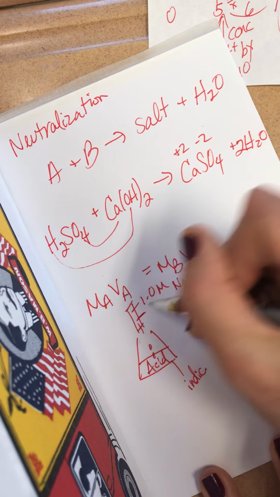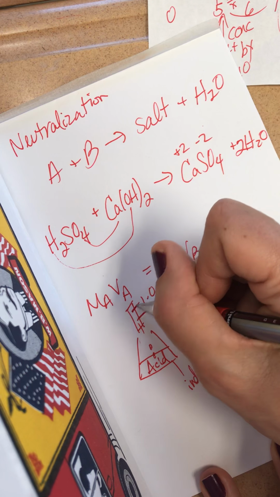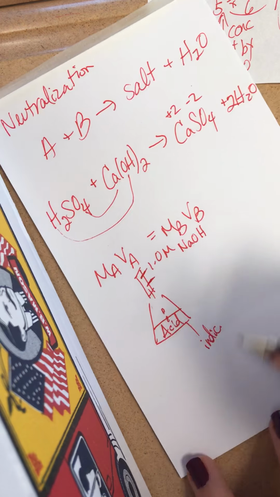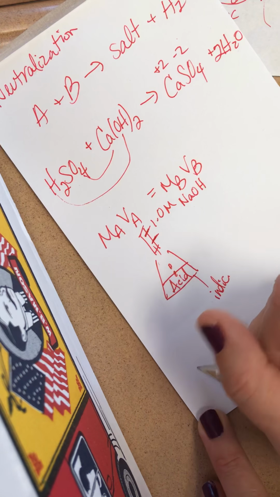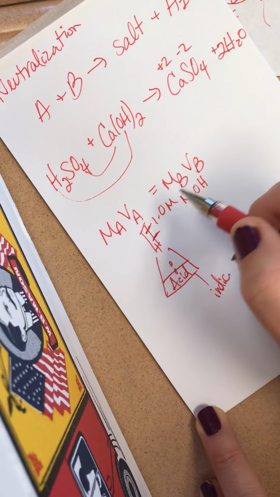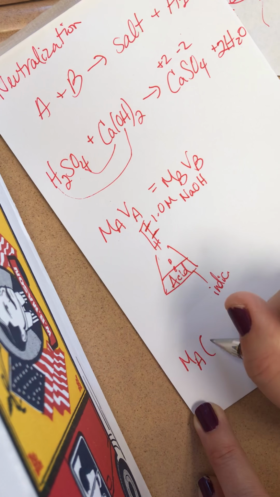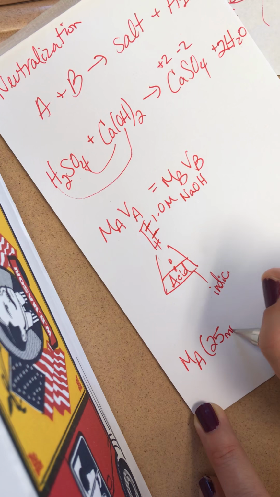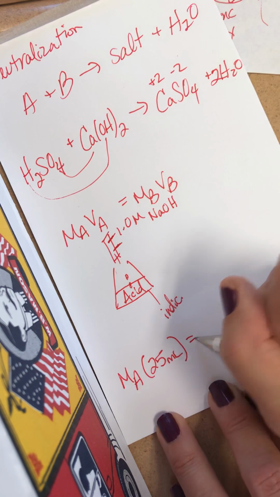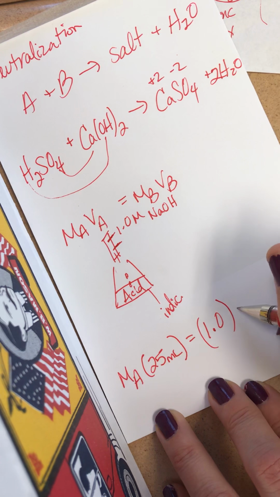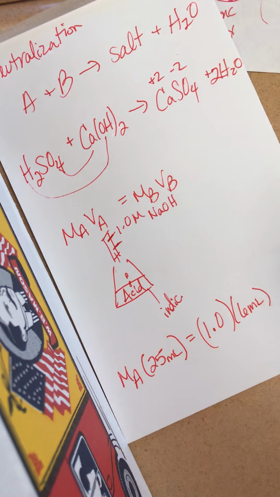When it changed colors, you recorded the final volume. So if you knew the starting volume and the final volume, you knew the volume of NaOH that you used just by subtracting. So we were trying to find the molarity of the acid. So I'm going to write MA, because that's my unknown. Let's say I had 25 milliliters of vinegar, and then the molarity of my base is 1.0. And let's say that I used 6 milliliters of the sodium hydroxide.